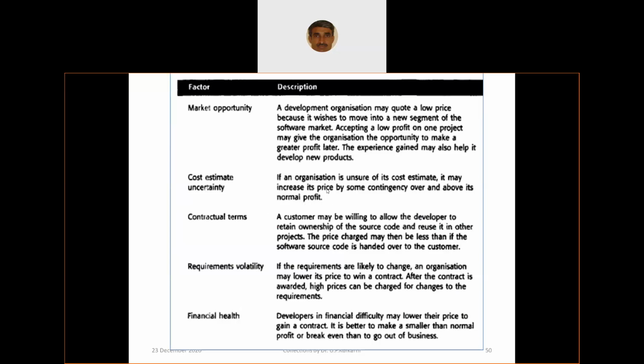Now look at the various factors. One is market opportunity. Many times you need to enter into the market. Many times you'll see in the market that you buy one, you get one free for the same cost. Why? They wanted to enter into the market. A development organization may quote a low price because it wishes to move into a new segment of the market.